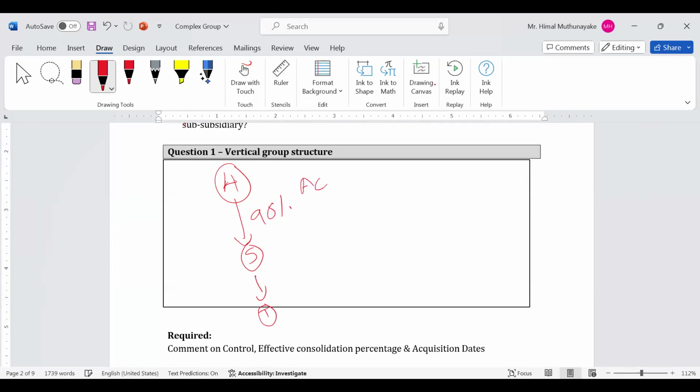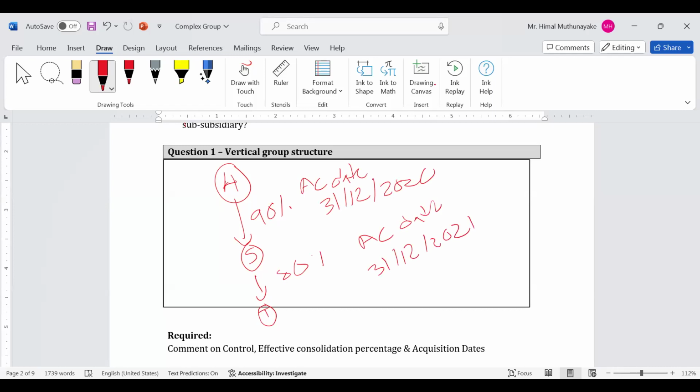The acquisition date is 31st December 2020, and for the 80%, the acquisition date will be 31st December 2021, right?